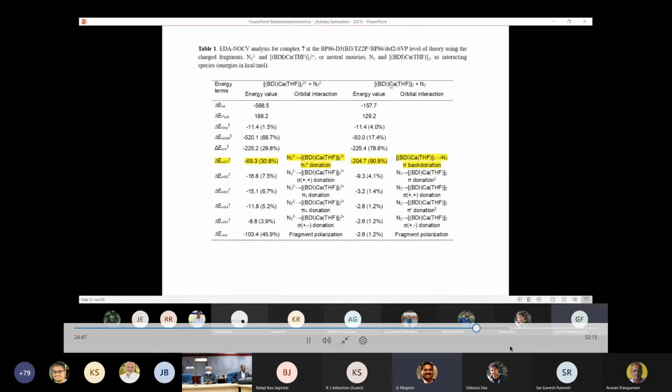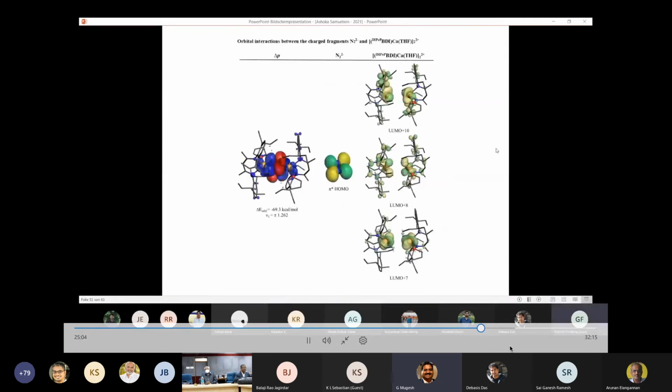And in both cases, you find that the largest orbital interaction, in this case we had a lot of different contributions, comes from an orbital involving this calcium. If you look at this term first for the anion, the interaction from the N2 2- into orbitals of the ligand, you immediately recognize that at the calcium, these are d orbitals.